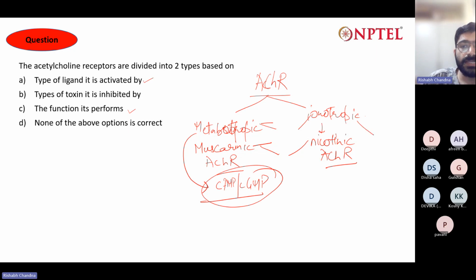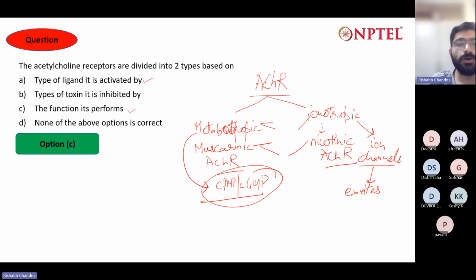And these others are the ion channels that basically excite the cell and transfer the action potential to the muscle. Okay, so this is basically the thing that I wanted to discuss with you. So the option can be both A and C. Okay, so does anybody have any questions in this case?